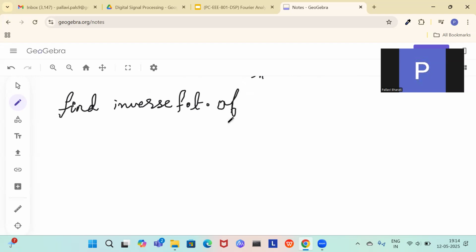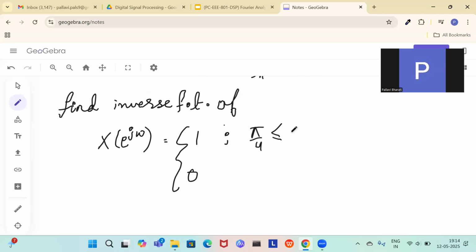The question says x of e^jω is equal to 1 when the value is between π/4, this is mod given here, and 3π/4. And for the rest of the interval, the value is 0.